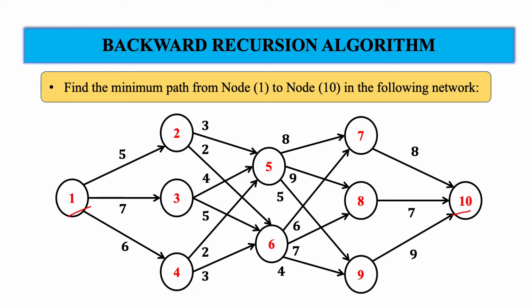So how do we proceed for this problem? Okay, so we can have two different methods, either by backward recursion or we can use forward recursion. So these are two methods by which we can solve this network.